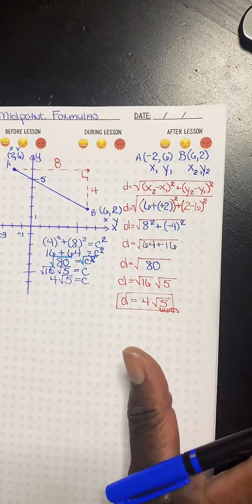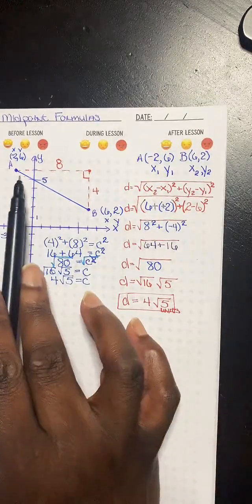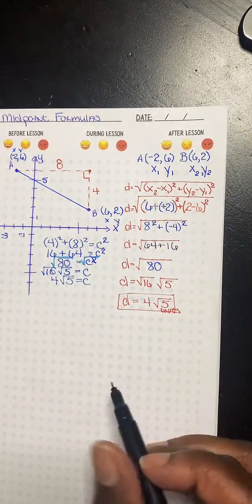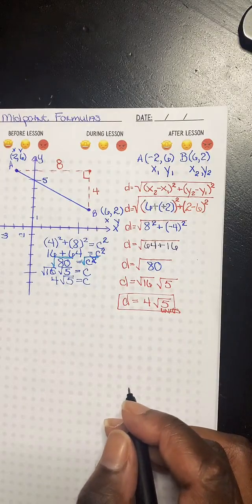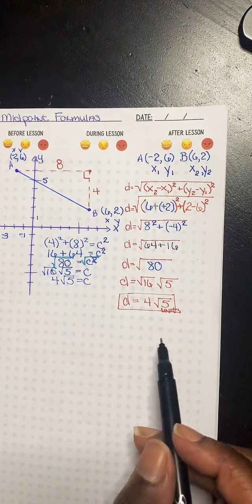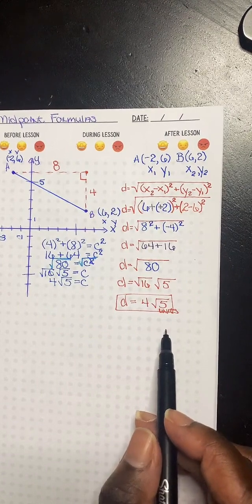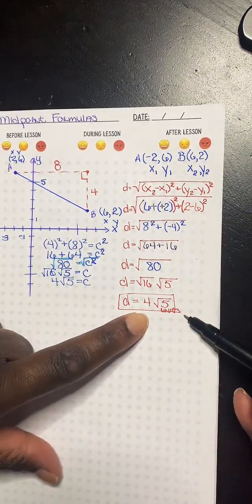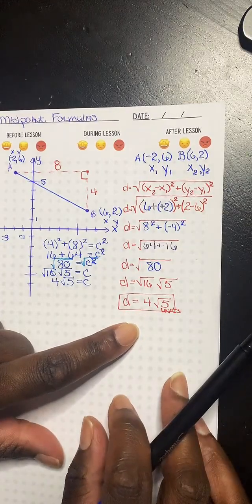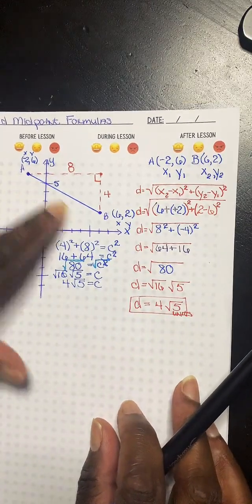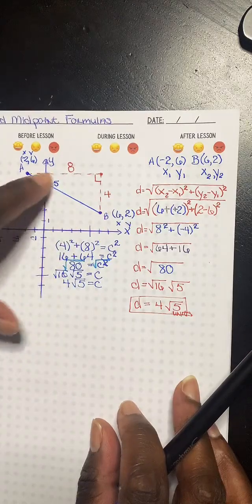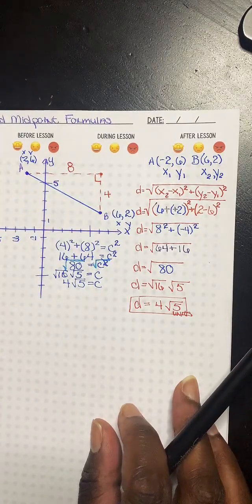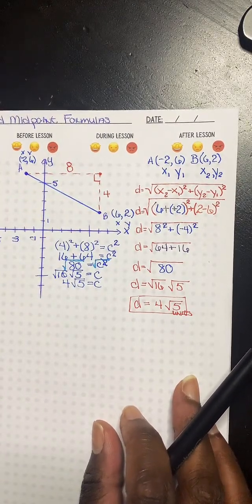And then all of a sudden someone comes out with a mango flavored lemonade and you're like, ooh, yes. That's nice and refreshing. So it's nice to know, but it's not necessary. As long as you know, regardless of how long it is, you can make a right triangle out of it and do Pythagorean's theorem.